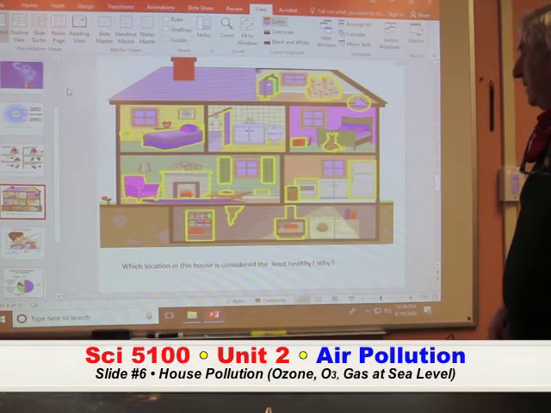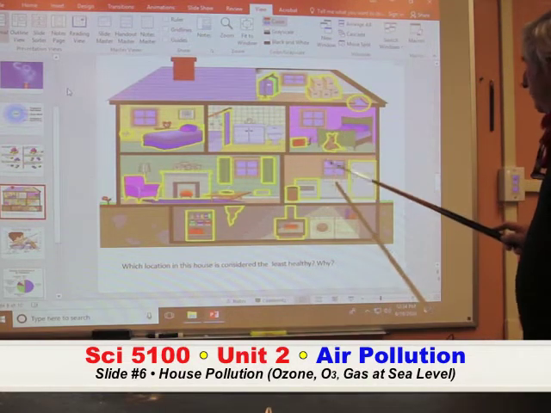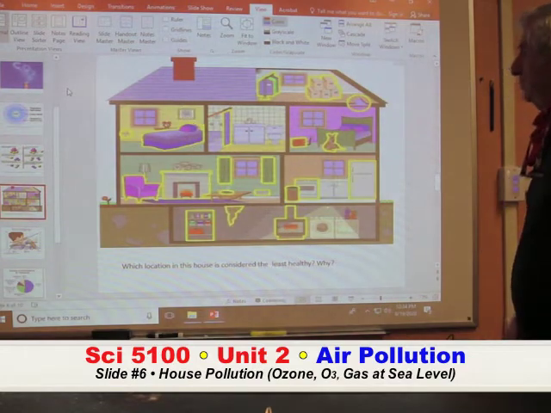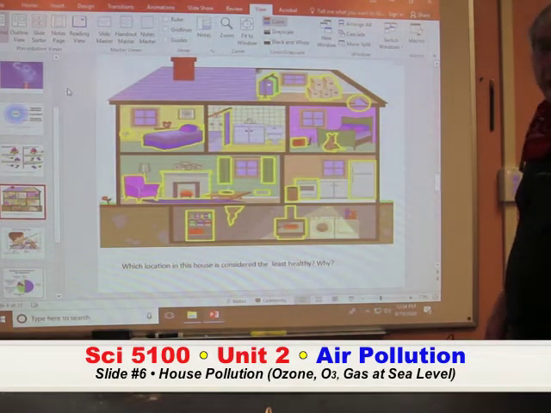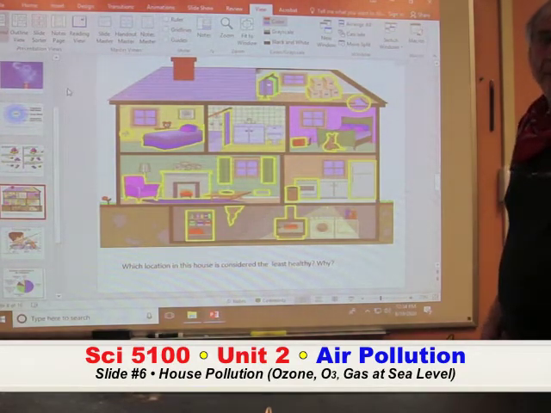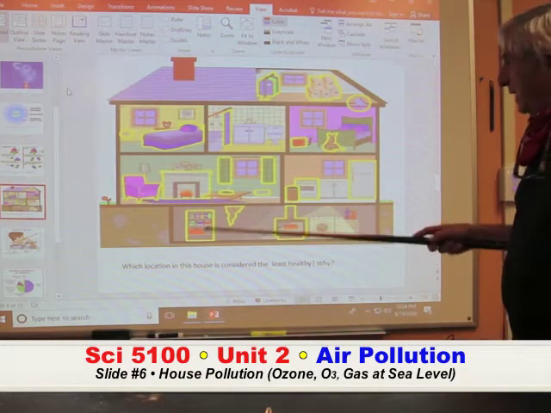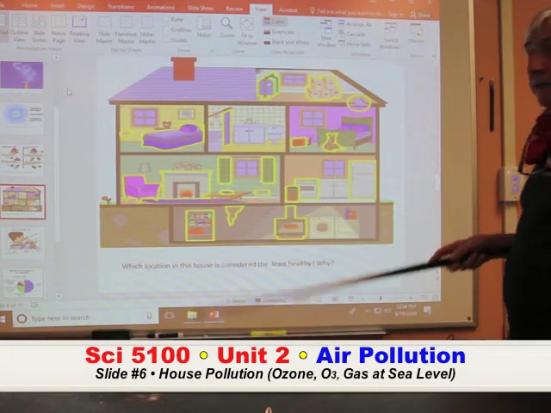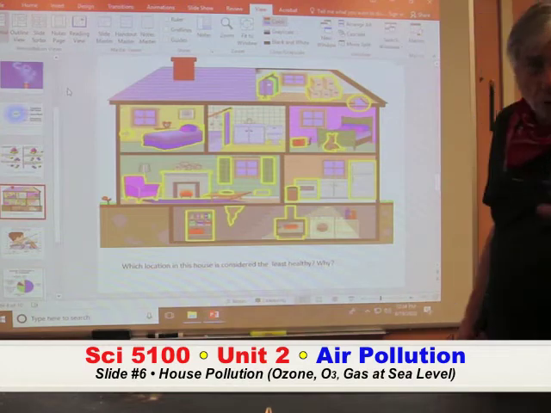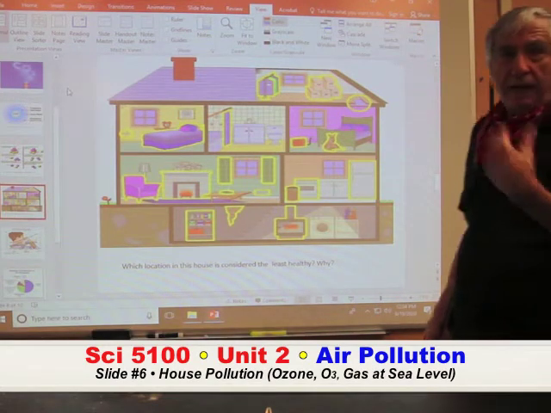And if you look carefully enough, you'll see that there are windows in all these other rooms here. And these rooms have windows, not just so you could look out, but so you can open them up and get some fresh air in there. But a lot of basements either don't have any windows or very small windows. The result is there's very little airflow.